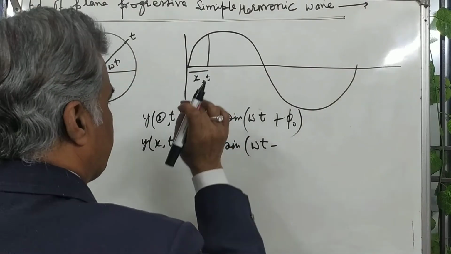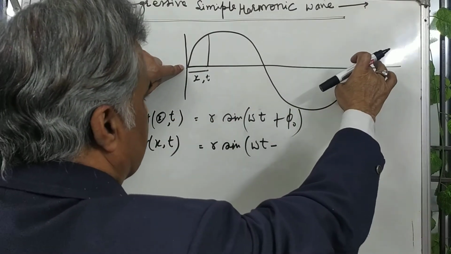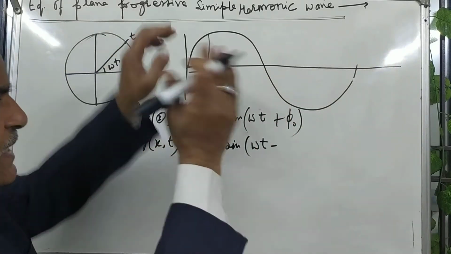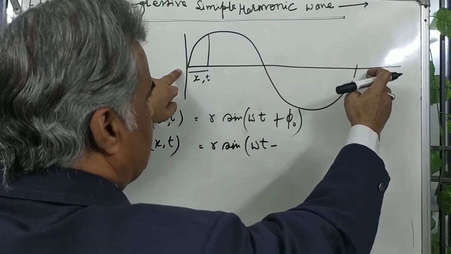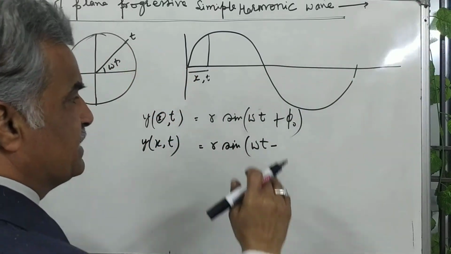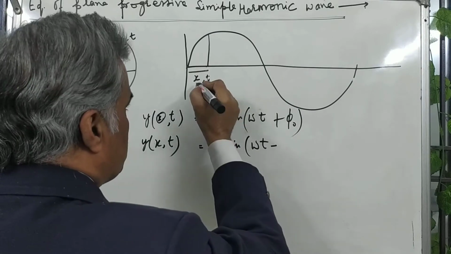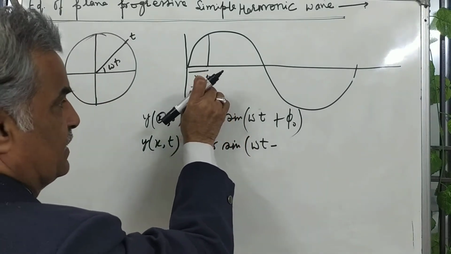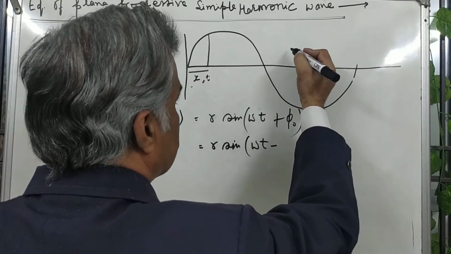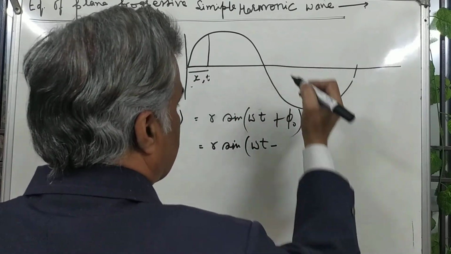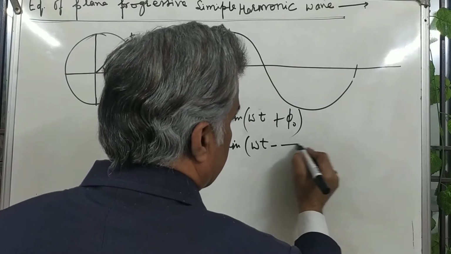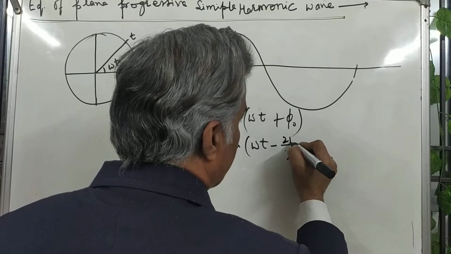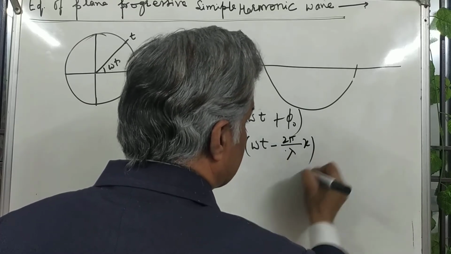Practically, if between this and this is one wavelength, the path difference is lambda and the phase difference is 2 pi. So what will be the phase difference at x distance?